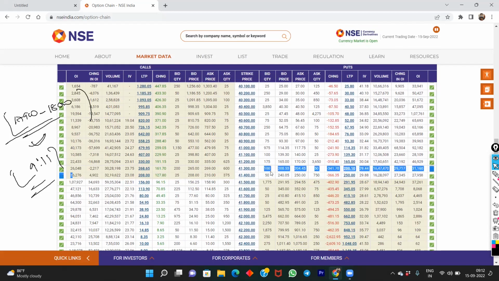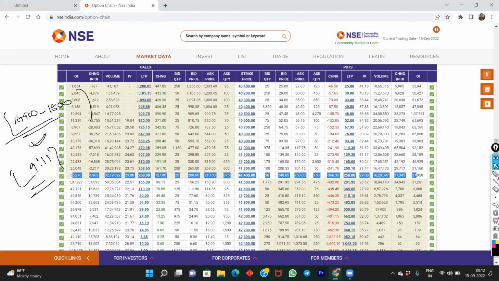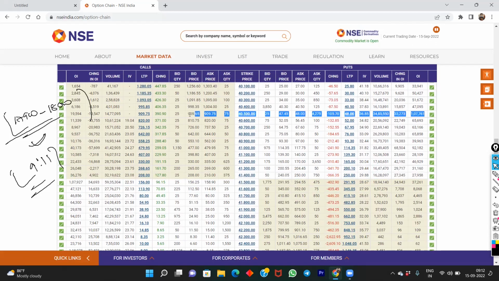The higher data on the put side is at 40,500, which means Bank Nifty is opening above 40,500 and below 41,500, but this is a difference of more than 1,000 points. So we have to see the nearest data where Bank Nifty has more open interest at the call side and more open interest at the put side. Whichever is high, we have to go below or above.